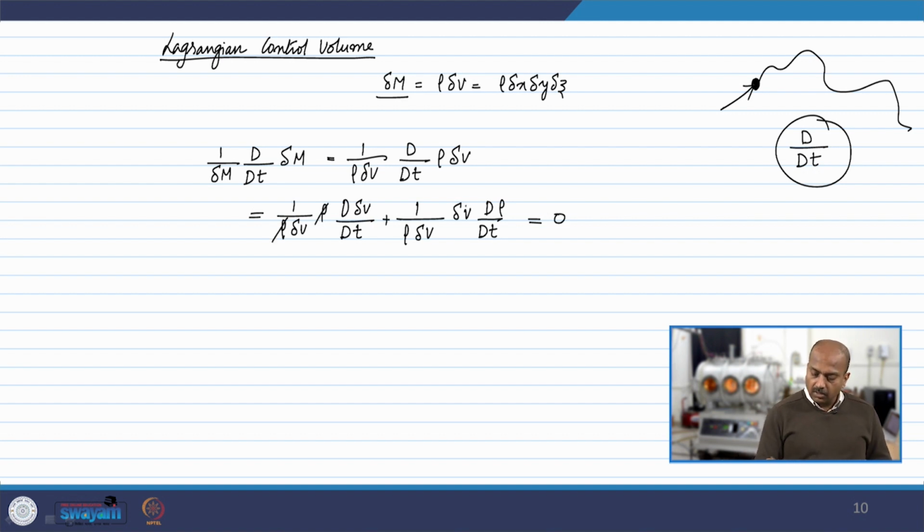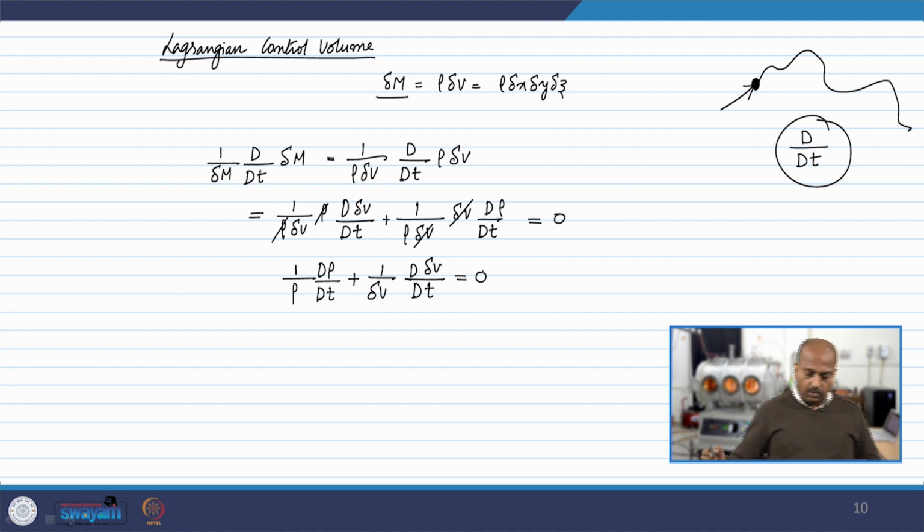So, this can be cancelled and this equation can be simply written as 1 by rho d rho by dt plus 1 by delta v d delta v by dt is equal to 0. Fair enough, right. Here delta v is the control volume, so delta v is delta x, delta y, delta z.